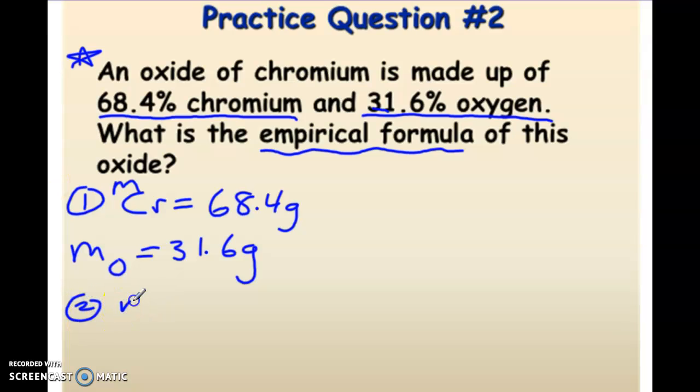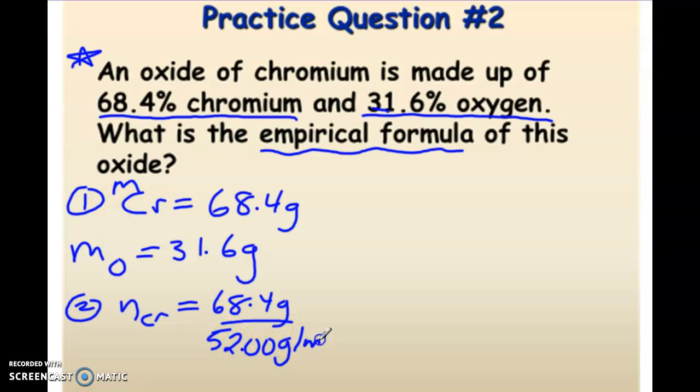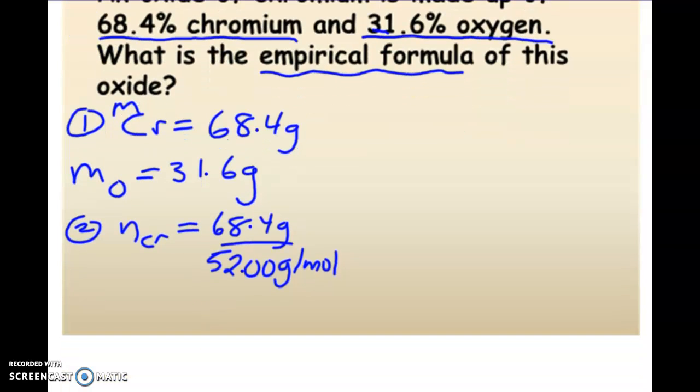Number 2, moles. So this is going to be 68.4 grams over, let me look this up, basically 52 grams per mole. Okay, so we have 68.4 divided by 52. So we get 1.3154 moles.